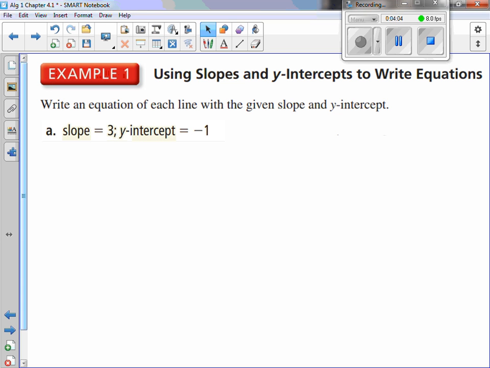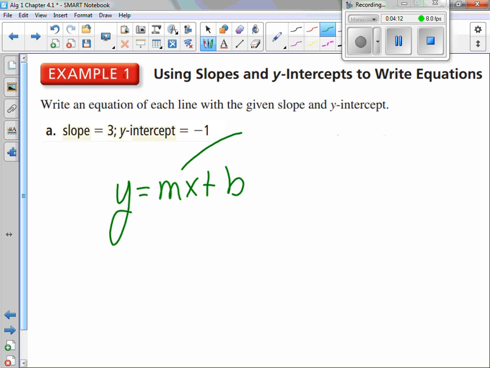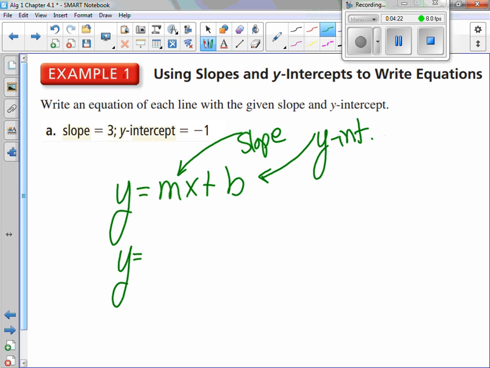And again, on this one, we're wanting to write the equation of a line in slope-intercept form. Y is equal to mx plus b, where m is the slope and b is the y-intercept. So it tells us the slope is 3.